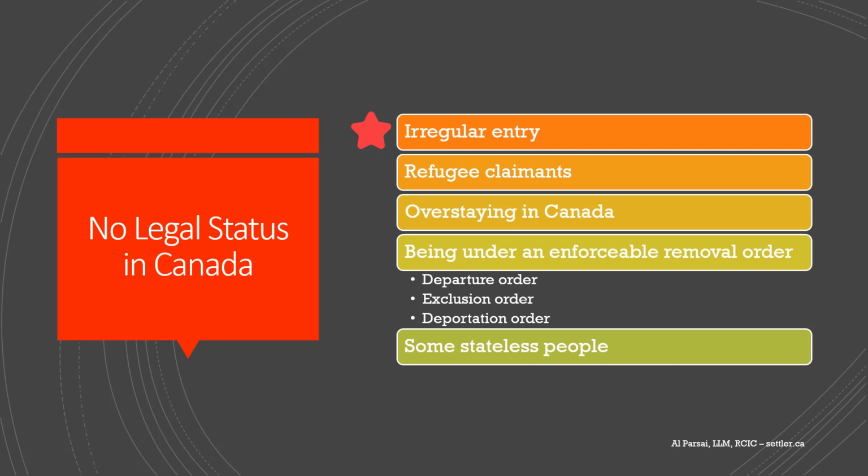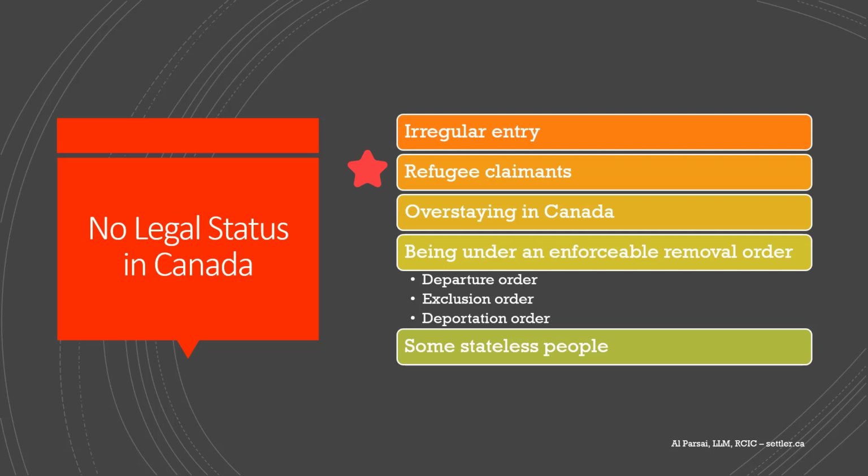And by irregular entry, I'm referring to those situations where the person does not appear at the port of entry and an officer does not examine them, but instead they try to cross the border between the United States and Canada from a land crossing, or somehow they reach Canada via sea and they enter Canada without being examined. Almost all of those people do not have legal status in Canada.